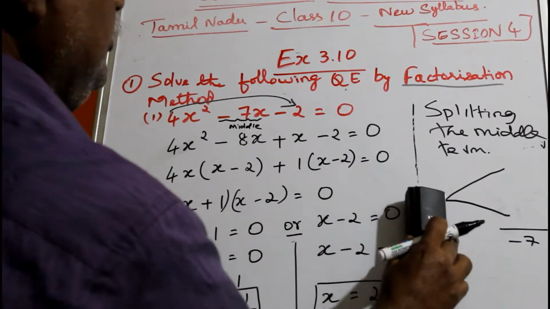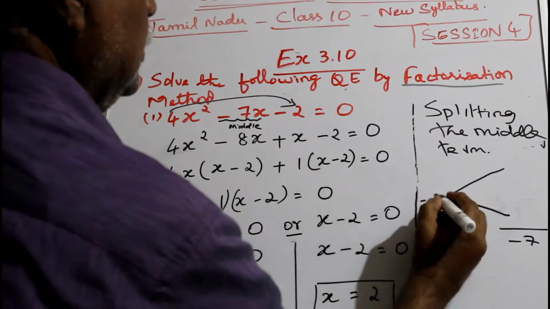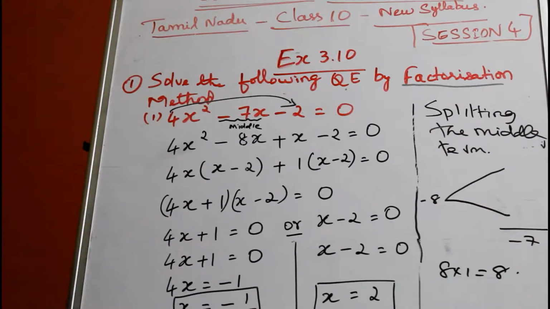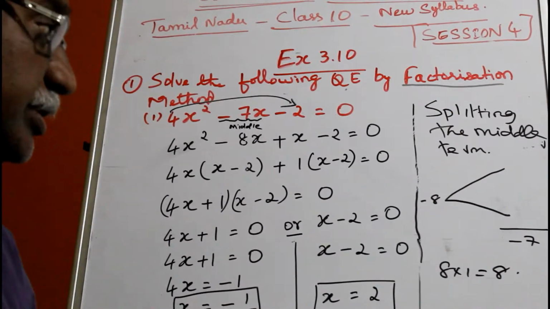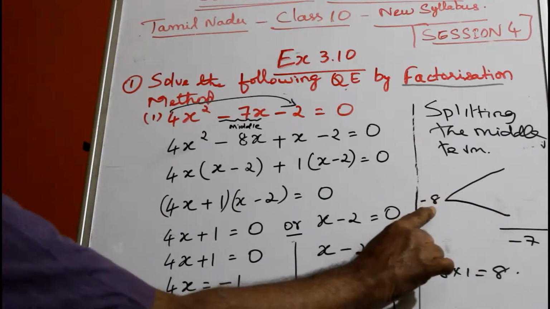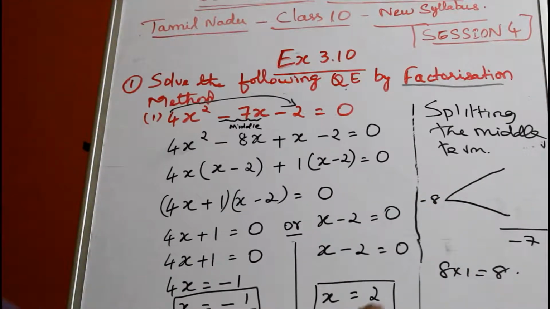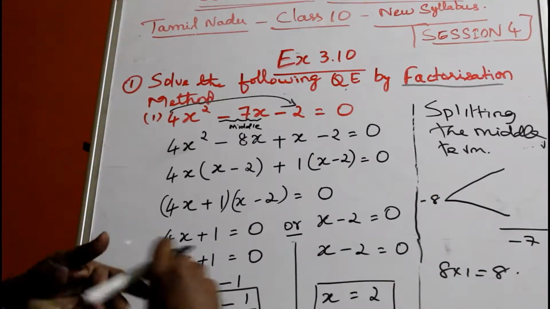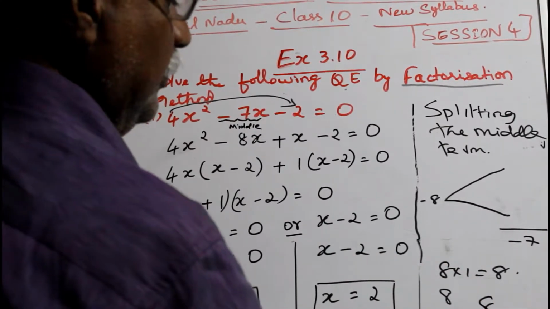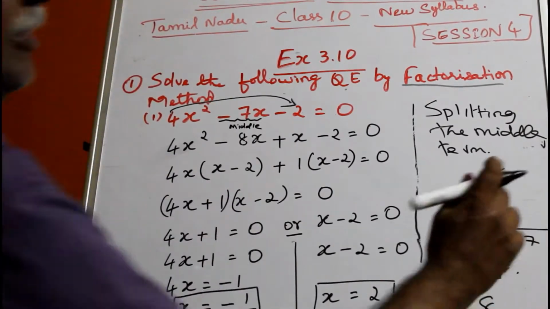Look here, 8 ones are 8. So again, take this number first, don't see the sign, just see the number 8. The factors of 8 are 8 and 1. So you add and see, subtract and see. 8 plus 1 is 9. 8 minus 1 is 7. So you get the 7 here.